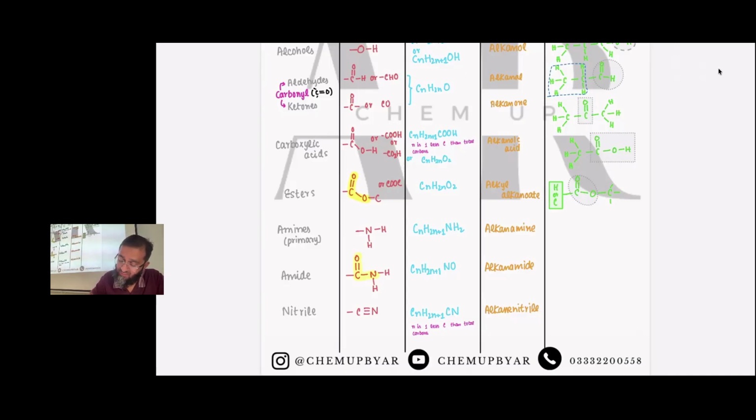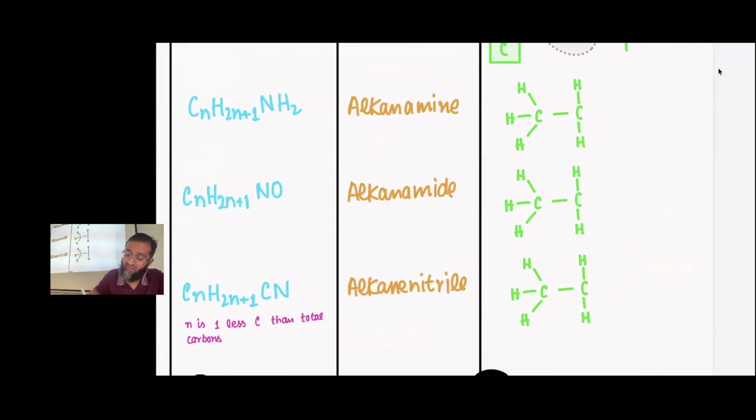Okay. So for an amine, what I'm going to do, I'm going to put an N and it forms 2 bonds with 2 hydrogens. For amide, I put the double bond O and then NH2.